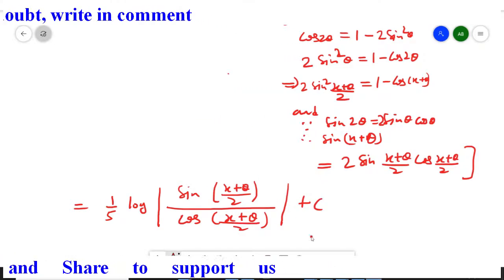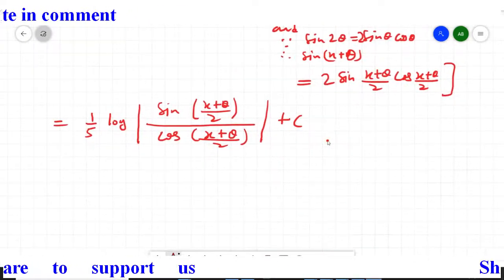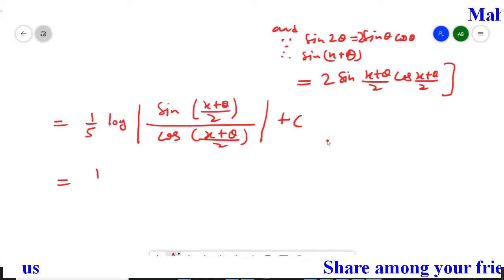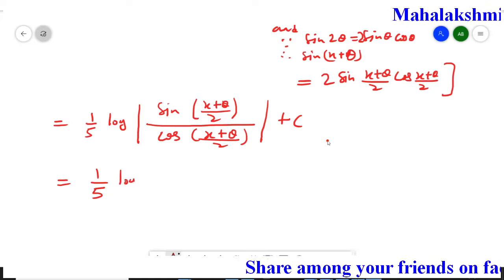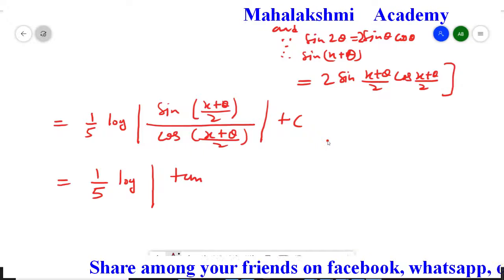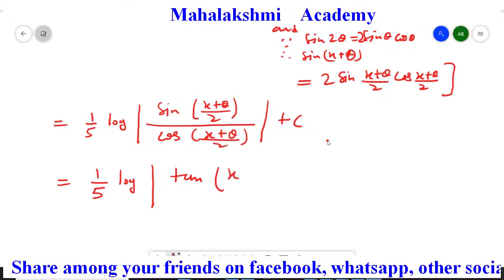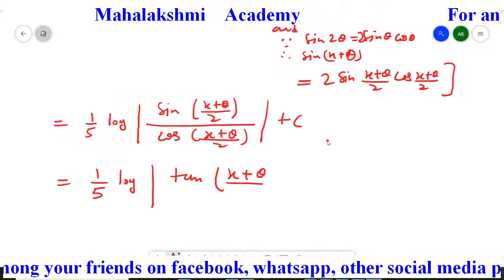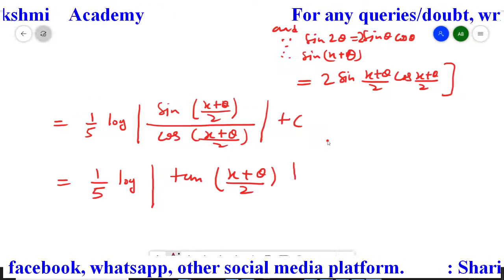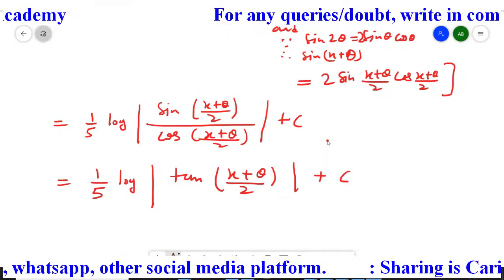Now sine upon cos is tan, so we will write here 1 upon 5 log mod tan((x + theta)/2), then bracket close, mod plus c.